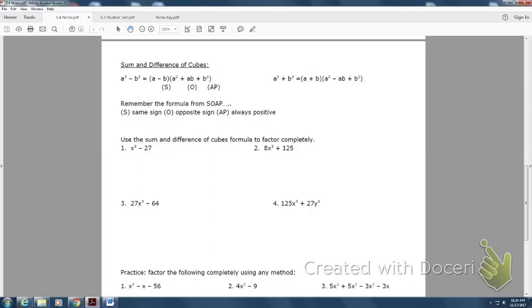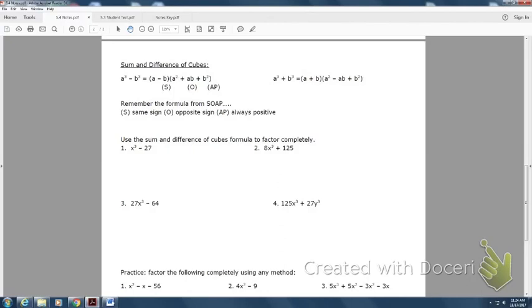Now this has a nice little acronym to tell you what the sign should be in your final answer, because the world doesn't have enough acronyms, so we're going to have one more. It is SOAP, which stands for same sign, opposite sign, always positive.